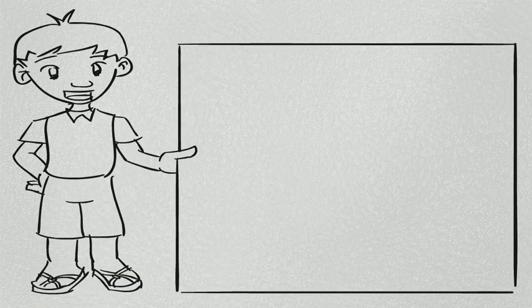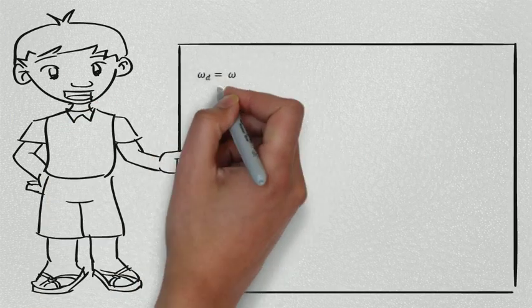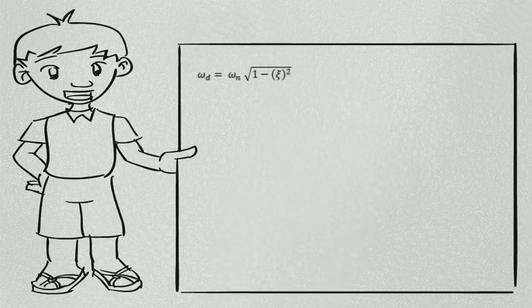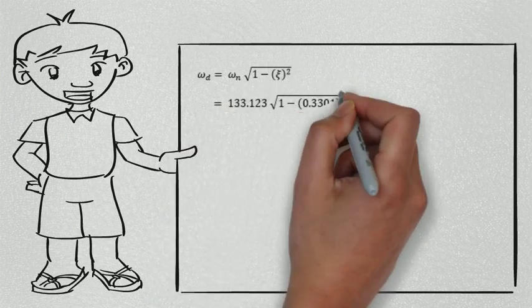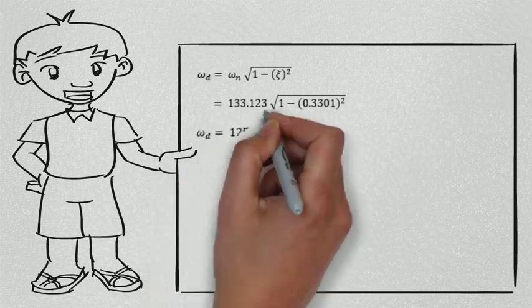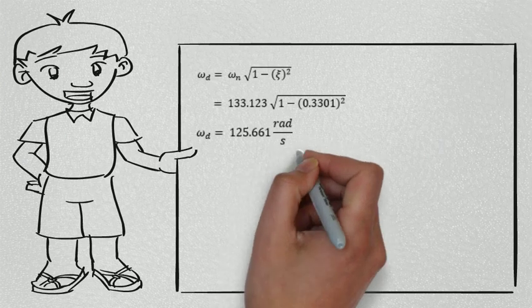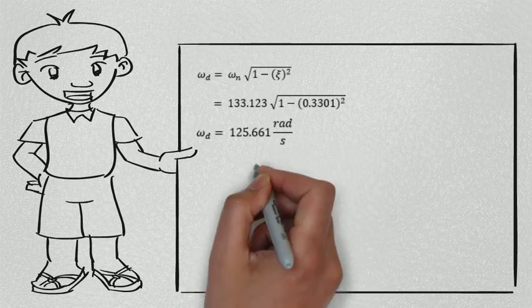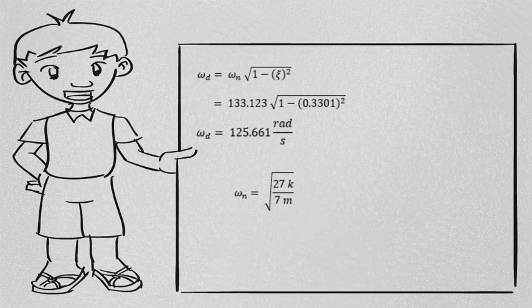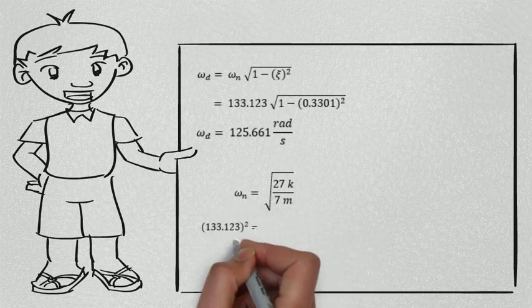Then you can use the formula from the natural frequency to get the value of damped frequency. The value of damped frequency is 125.661 radian per second.